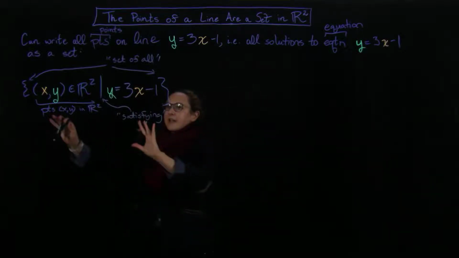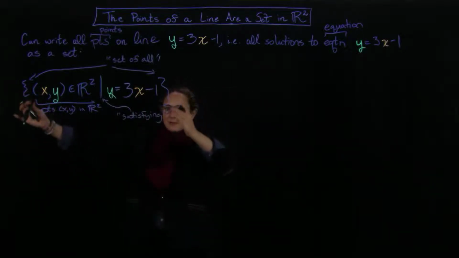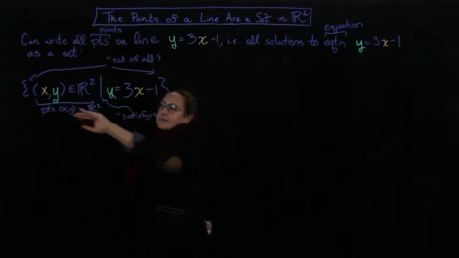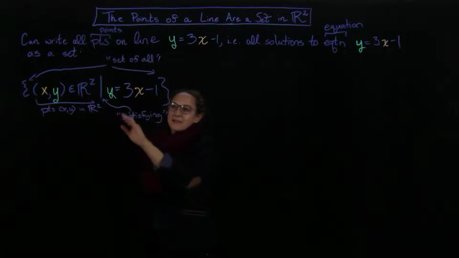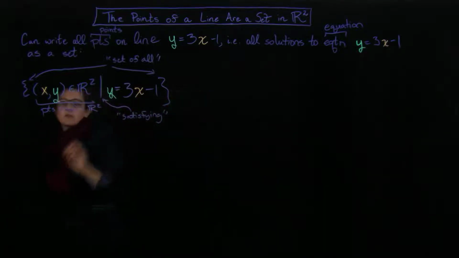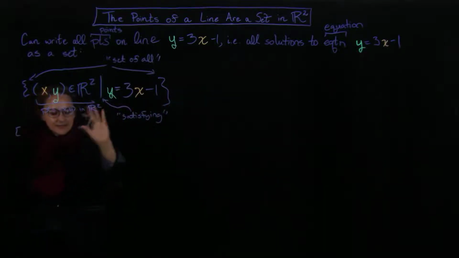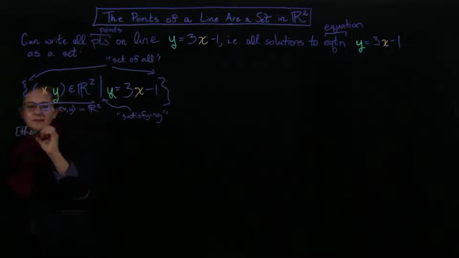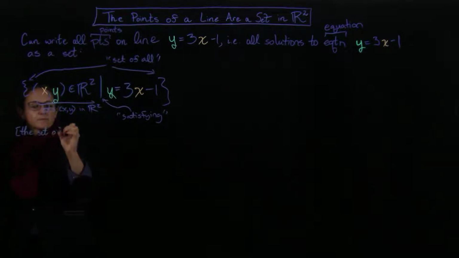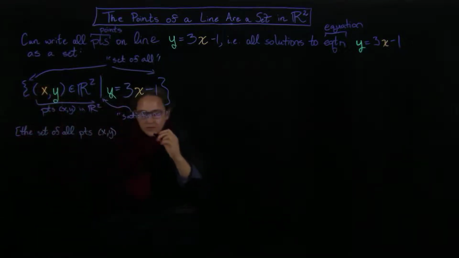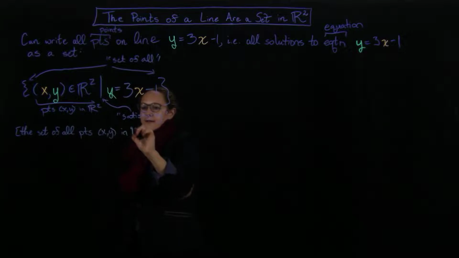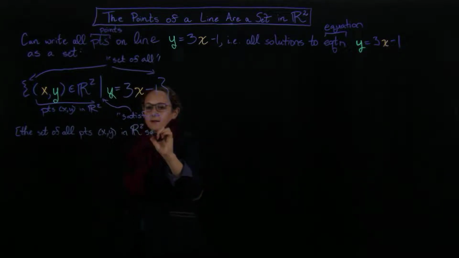So all together, the side brackets are the set of all. This means points x, y in R2, and then we have that they satisfy this equation. So this is the set of all points x, y in R2 satisfying this equation.